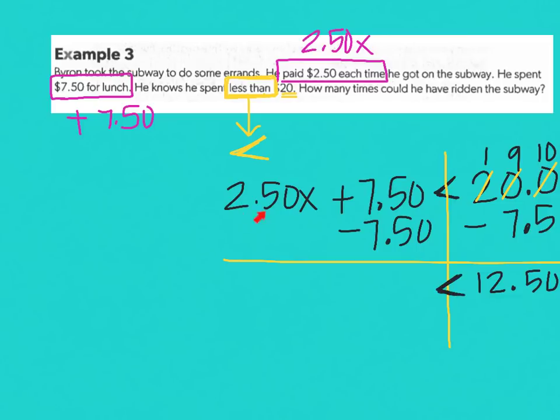I'm going to take the $2.50 X and I'm going to move it down here. And we've talked about before too, when you divide with a decimal, let's say I put it over here, $2.50 divided into $12.50.